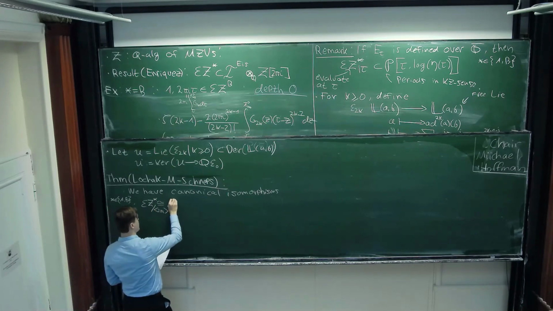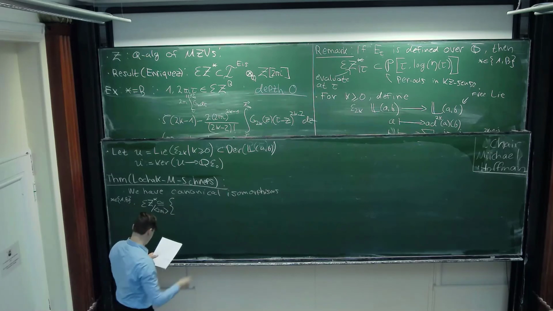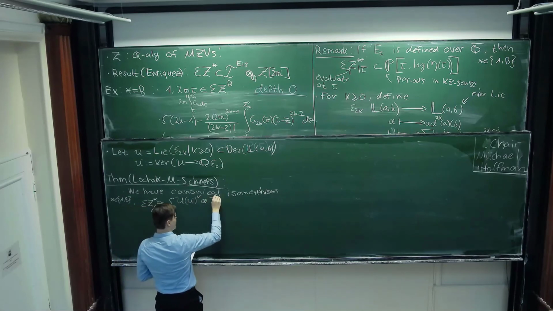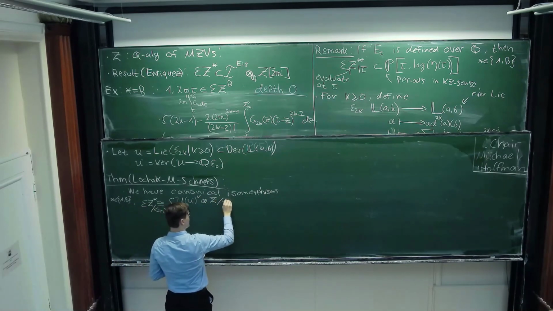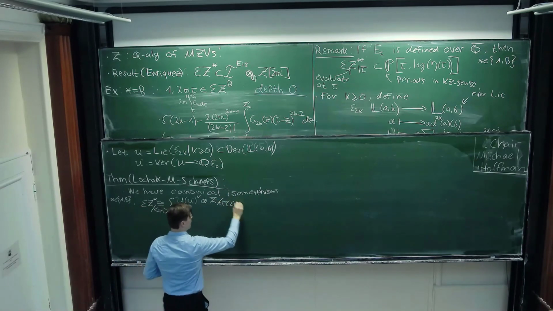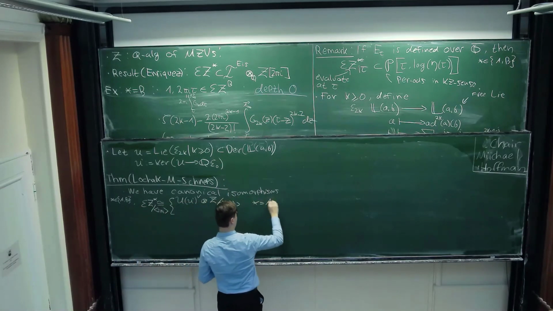I'll comment on this after I've written down the theorem. So it's isomorphic to the universal enveloping algebra of u prime, graded dual, tensor multiple zeta values modulo zeta of 2. This is if star is equal to A.